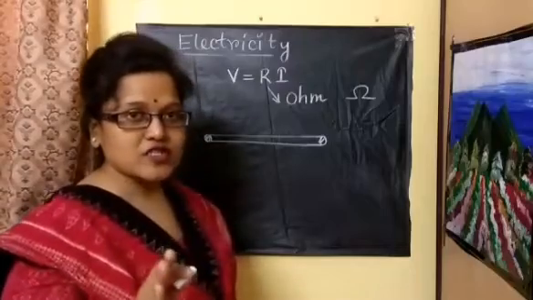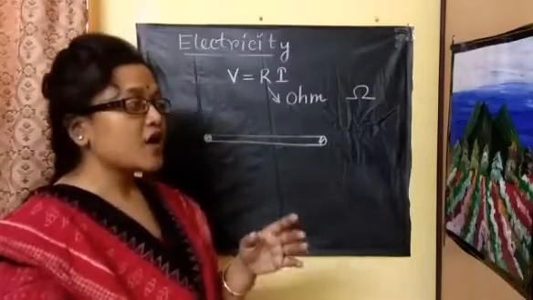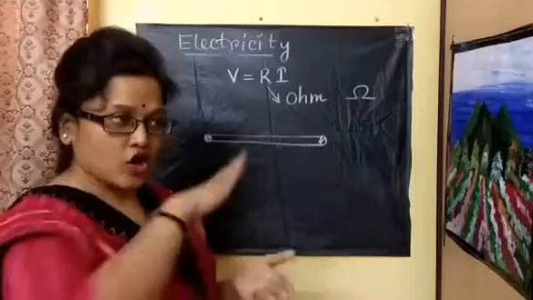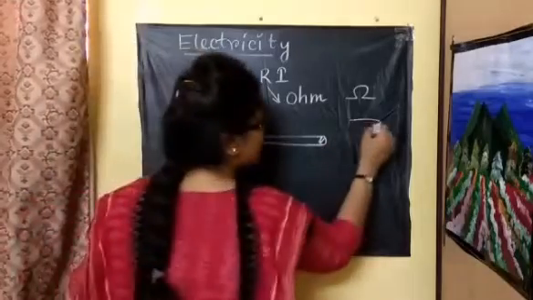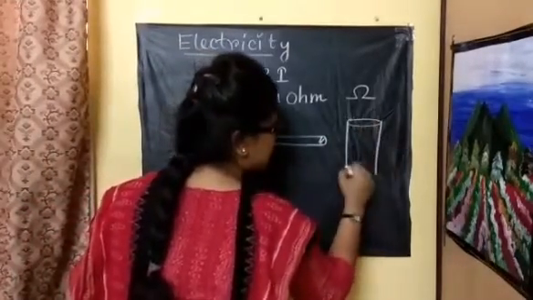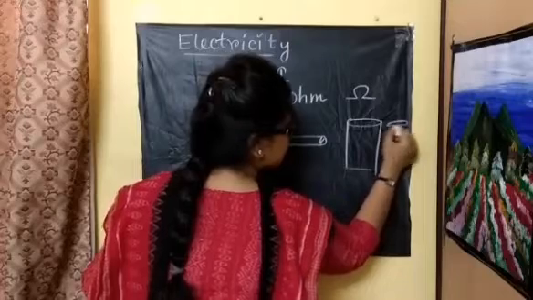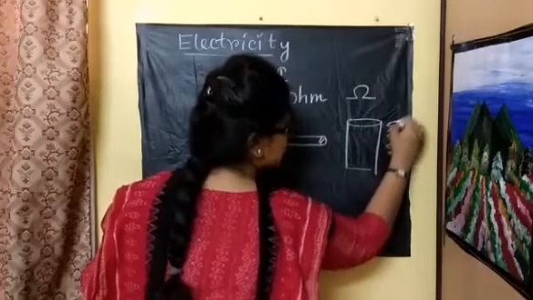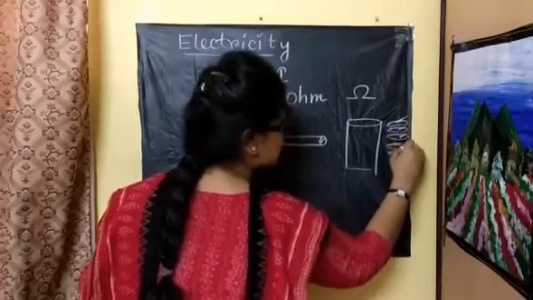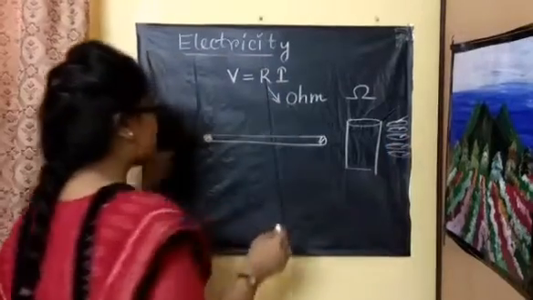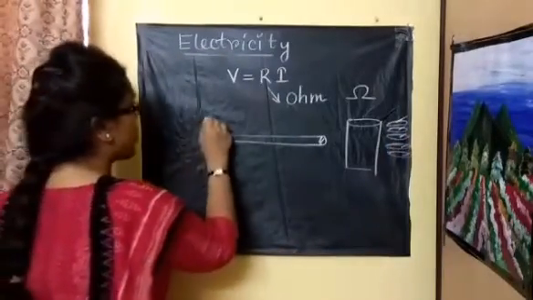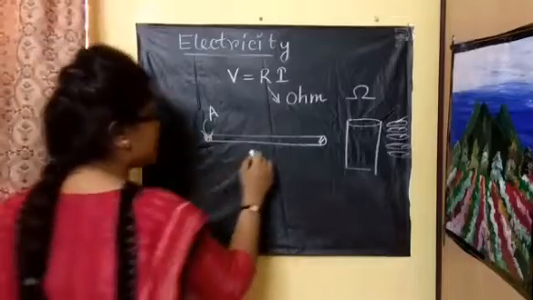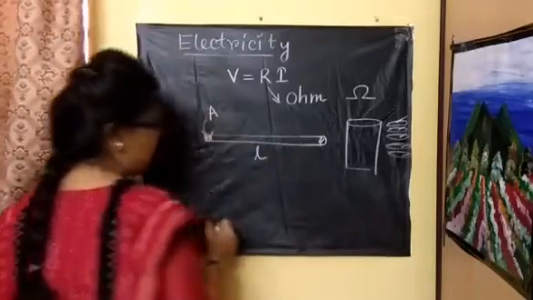You know very well, cross-sectional area means if I divide the cylindrical object into a number of small slices like this, this is one cross section, this is one cross section. So suppose the cross-sectional area of the conductor is capital A, and the length of the conductor is L.